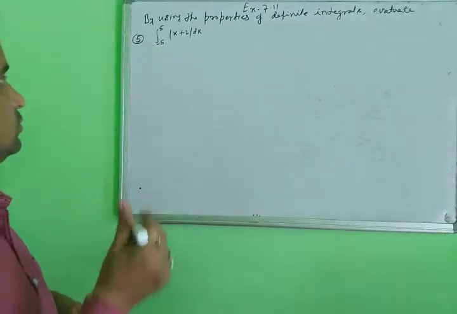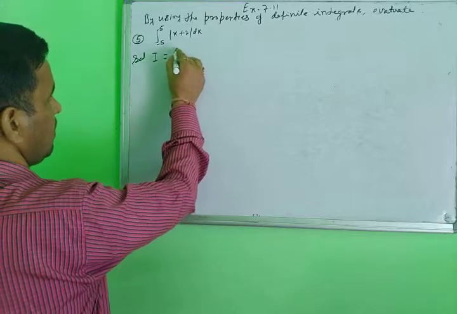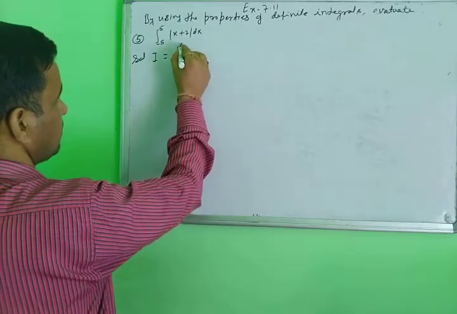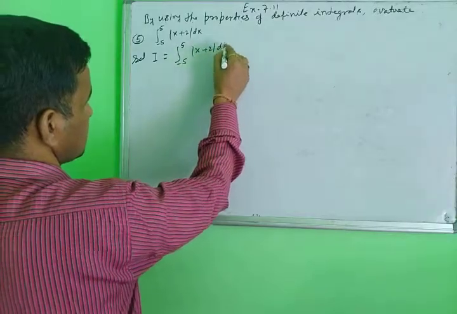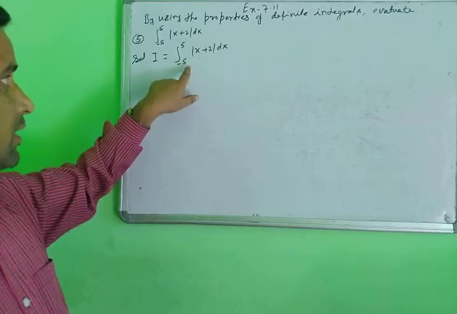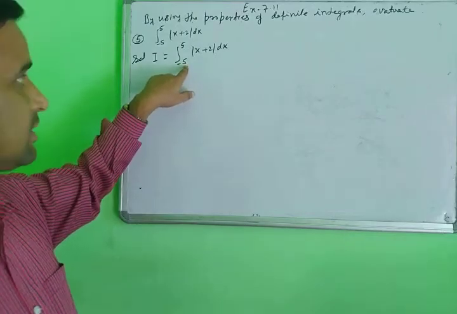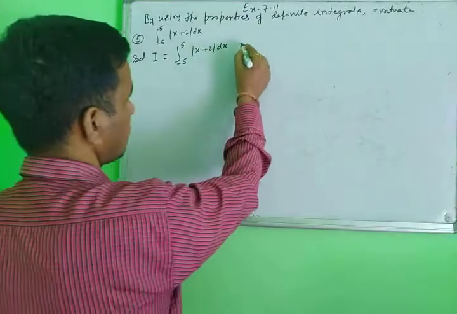Yes, now start the solution here. Let I equal the integral from -5 to +5 of |x plus 2| dx. This is the given question. You know that -5 is the lower limit and +5 is the upper limit. So this function you can break down.